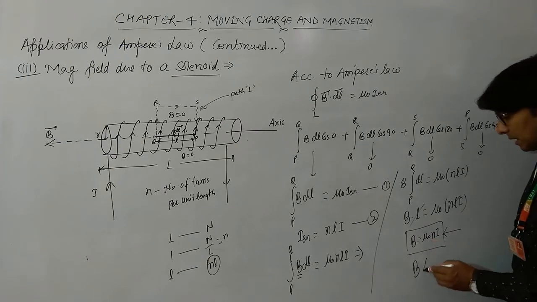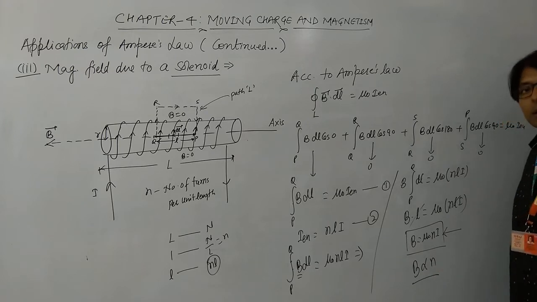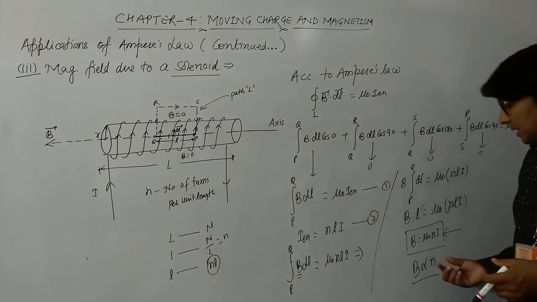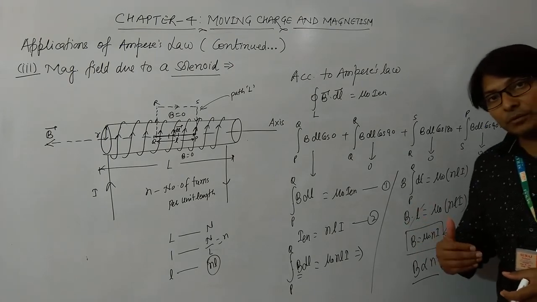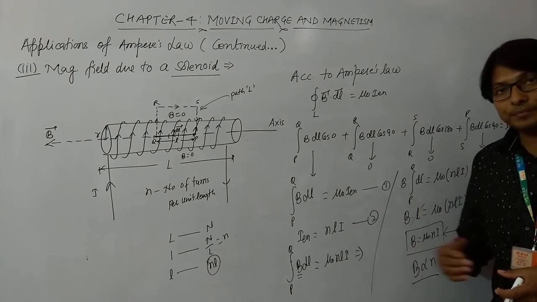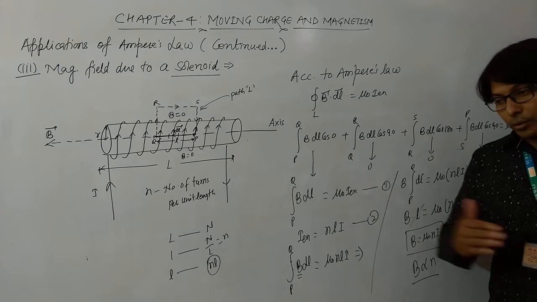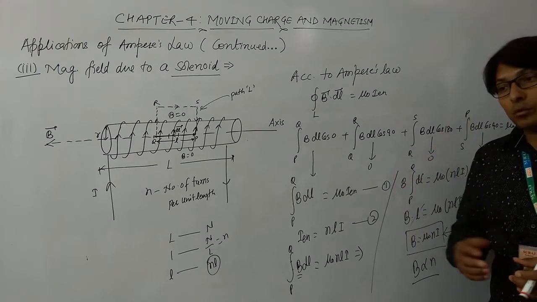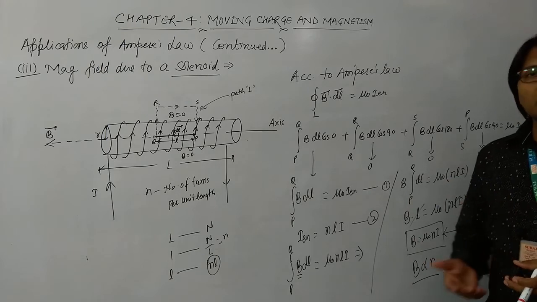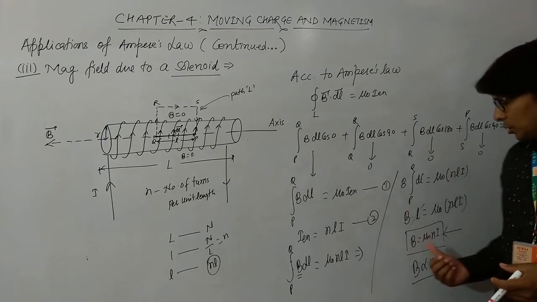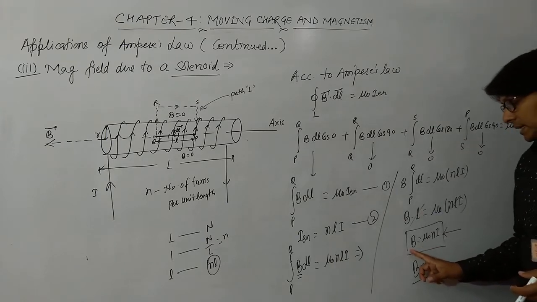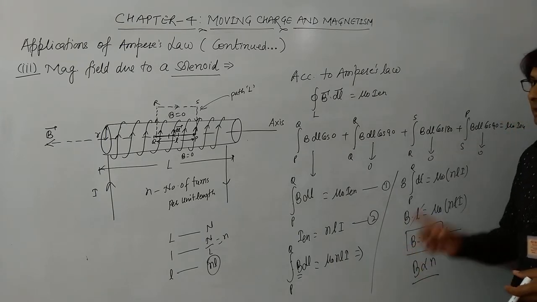If the turns are closely packed, meaning the number of turns per unit length is more, or multiple layers of turns can be wound on the same solenoid, we can increase the magnetic field at the axis of the solenoid.